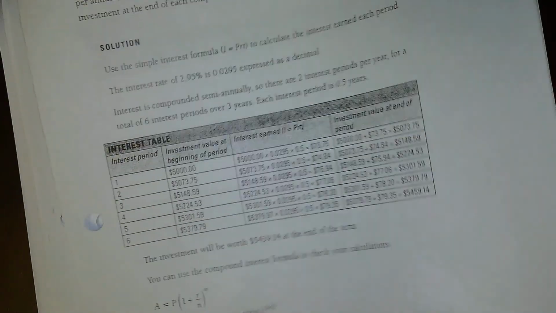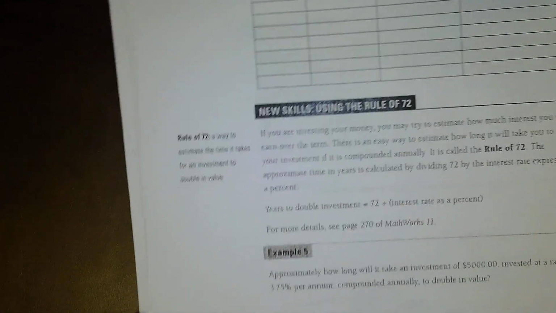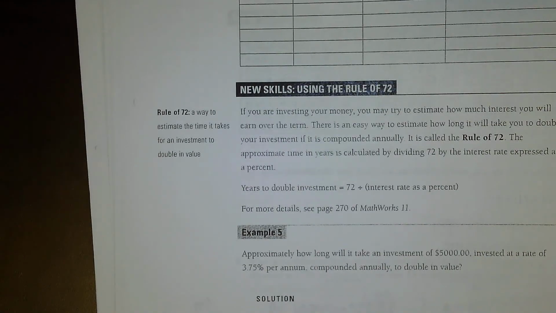All right. And one last concept I do want to just touch on here, there is this thing called the Rule of 72. What the Rule of 72 states is it's a quick and easy way to understand how long it is going to take to double your investment.